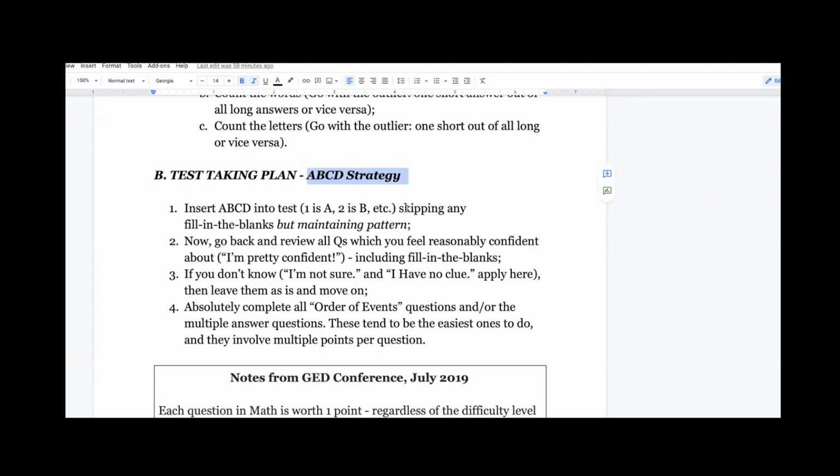If there are fill in the blanks, you can skip those and maintain your pattern of A, B, C, D. Okay. So A, B, C, D, A, B, C, D. Skip the fill in the blanks or the drop downs.